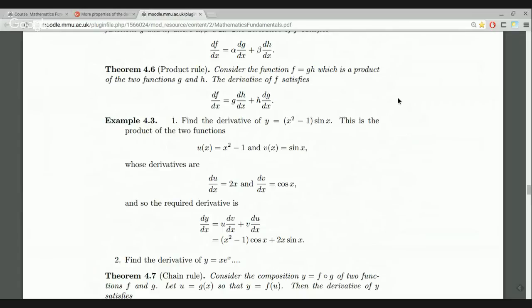This is the kind of notation. So we're just using this dash notation here for the derivative. So this is the quotient rule, here in this notation.